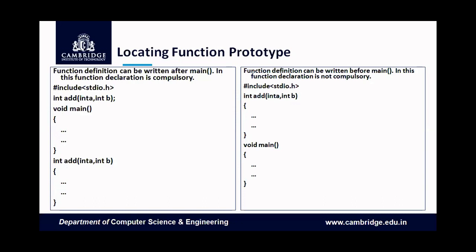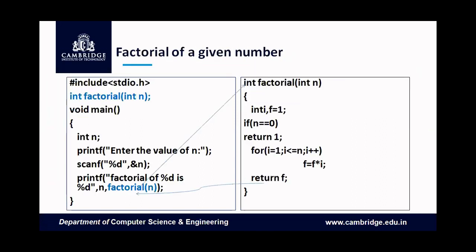So in this case, function declaration is optional. In this case, function declaration is compulsory. The function definition can be written after main; in this case, the declaration is compulsory. The function definition can be written before main; in this case, function declaration is not compulsory. It's optional. I hope you have understood this difference in the way to locate the function prototype or function declaration.